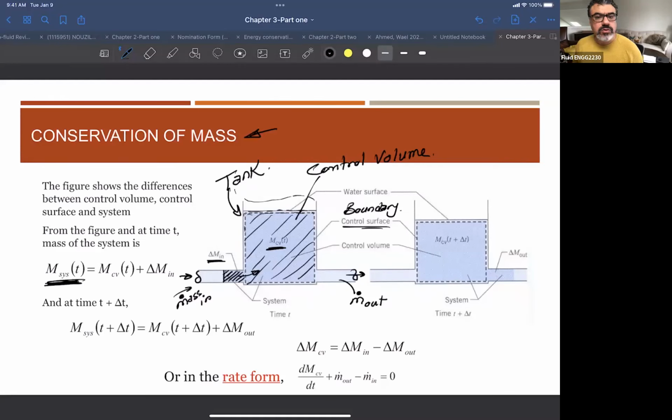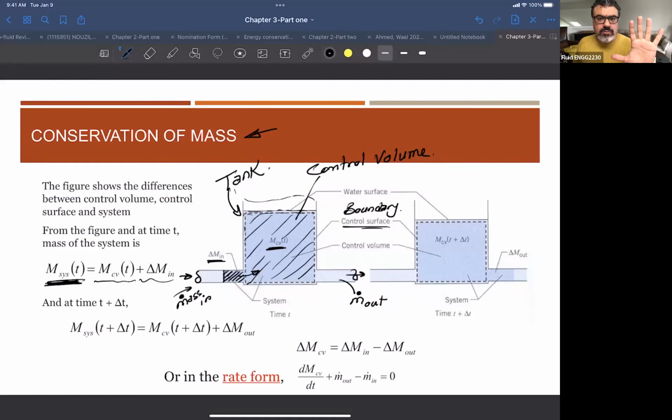Just take a picture of the time, and this mass is about to come in, and I consider my system to include this piece of mass. So I call the mass of the system mCV plus delta mn. Delta mn here means the small little mass, a very small differential element, almost like a drop that is just coming into the system.